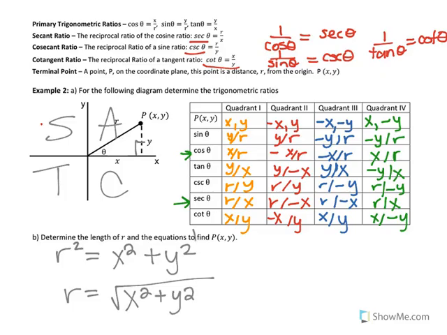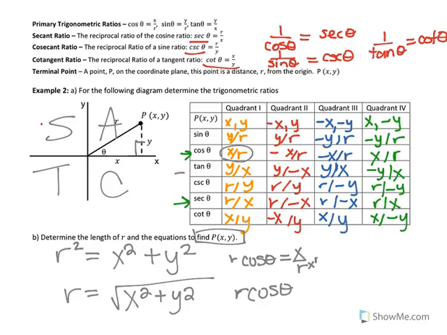I also can find the point x and y. So if I wanted to find the point x and y using r, I can use cosine. So I can say cosine of theta is equal to x over r. And if I wanted to find x by itself, I'd multiply both sides by r. So I have r cos theta.